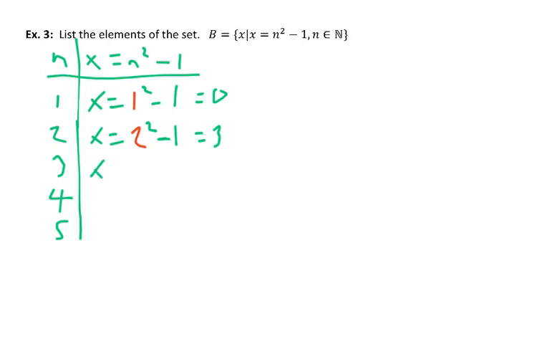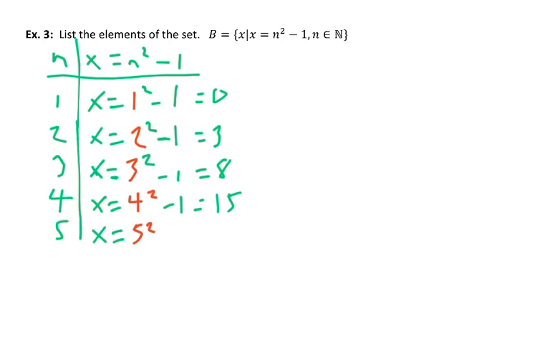x is equal to 3 squared minus 1. That's 9 minus 1 is 8. Pattern's a little bit harder to see here, but I think we will see it. x is equal to 4 squared minus 1. 16 minus 1 is 15. And the next one we'll do, and hopefully call it quits from here, 5 squared minus 1. 25 minus 1 is 24.